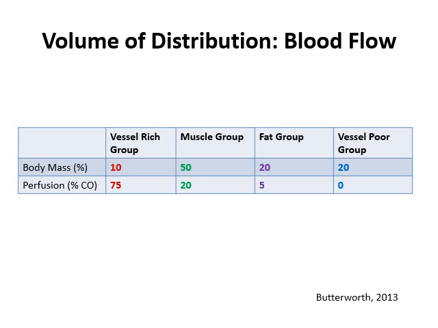Some patients may have more fat group than muscle group, so that will affect their volume of distribution. The vessel-poor group has 0% cardiac output and yet makes up about 20% of body mass.